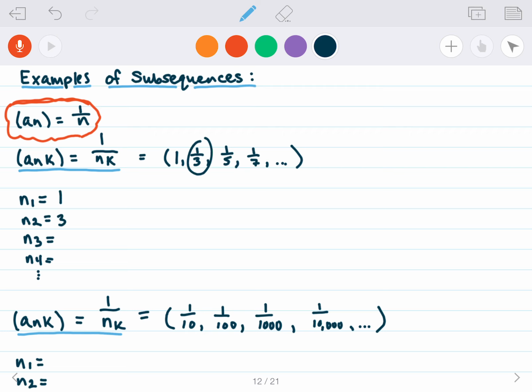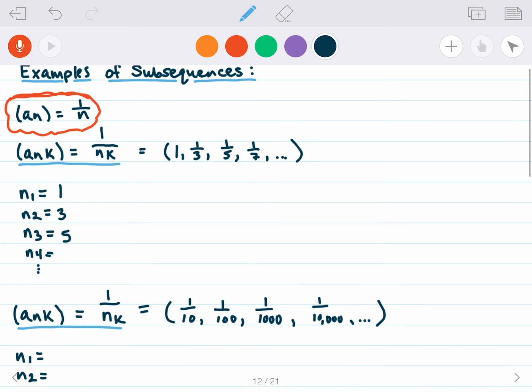That's the third term in our original sequence, 1 over n, and so forth. N3 is going to be 5, n4 is going to be 7. In our subsequence, the first term is 1, the second term is 1/3, and so forth.